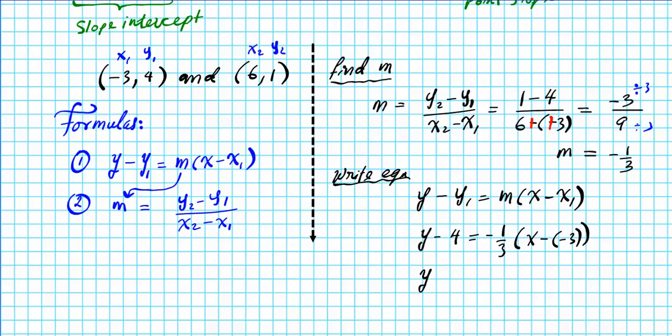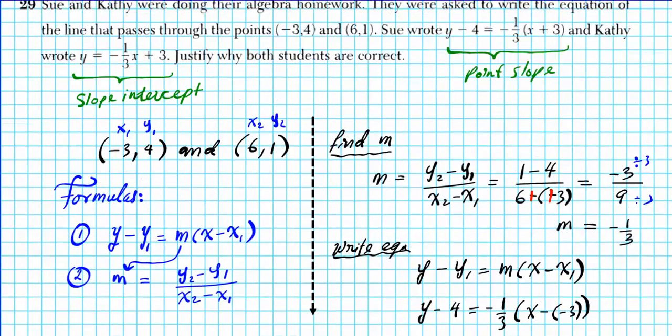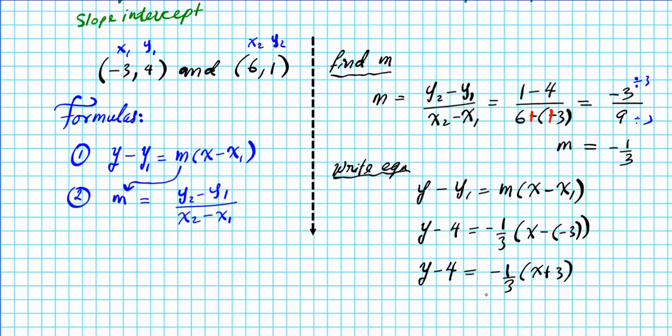And that becomes y minus 4 equals negative 1/3 times (x plus 3). All right, so guess what? Does this match what Sue has? It certainly does. Perfect. So this matches Sue's equation.